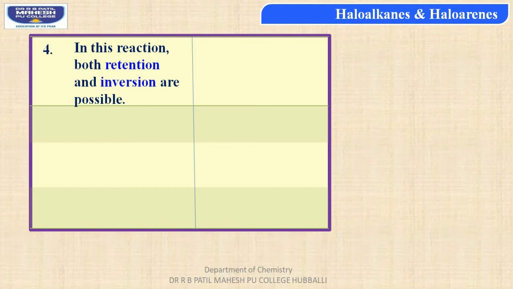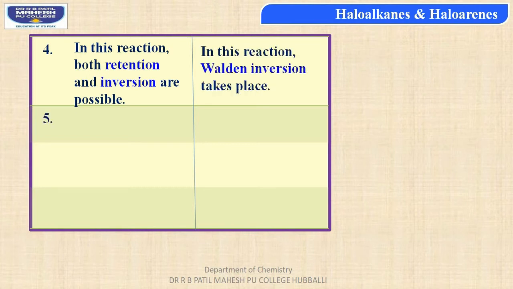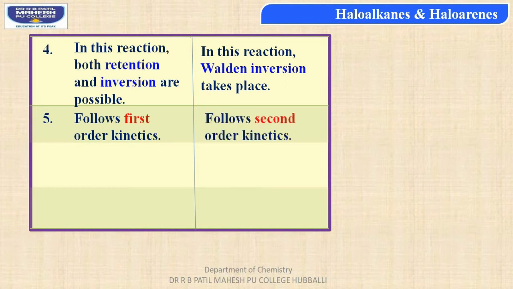But in case of SN2 reaction, Walden inversion takes place. Fifth point, SN1 reaction follows first order kinetics, whereas SN2 reaction, students, follows second order kinetics.